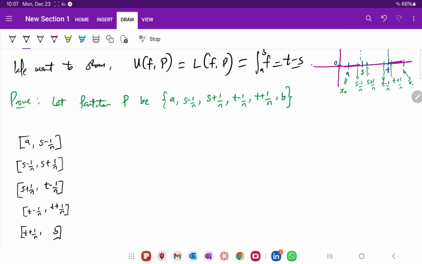So let's check, and don't forget the definition of our upper Riemann sum and then lower Riemann sum. By definition, we have our upper Riemann sum equal to the summation over all the intervals of s_j minus s_{j-1} times the supremum of f over that interval.